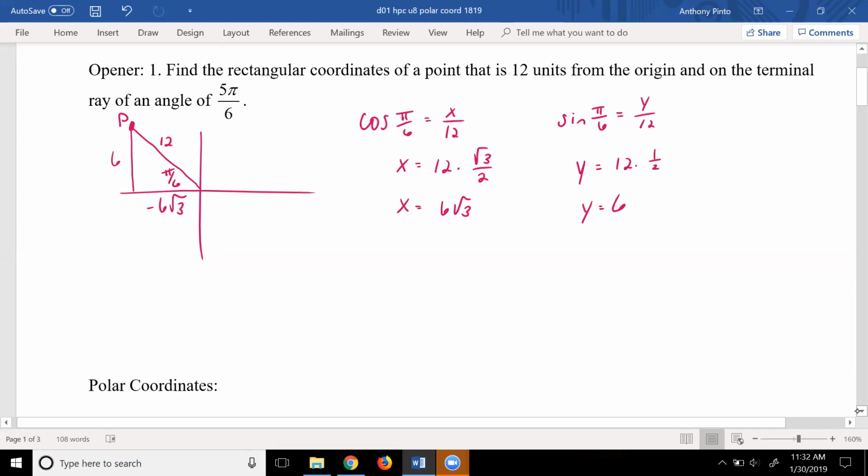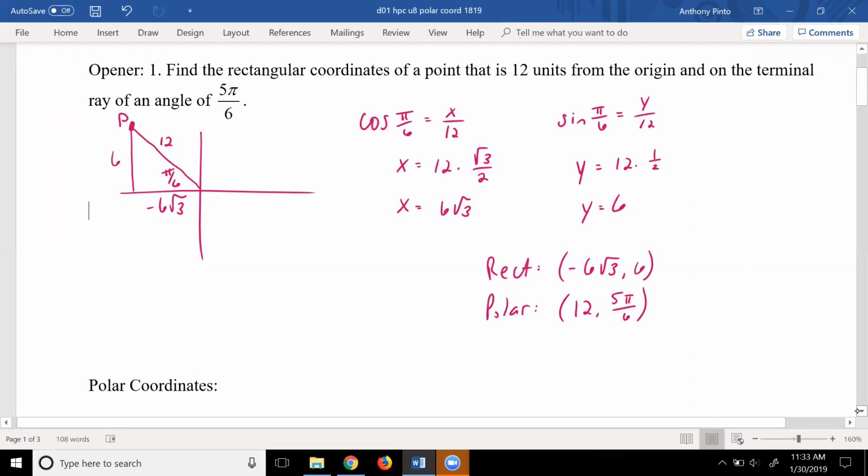And we found our rectangular coordinates. Rectangular, our point is negative 6 root 3, comma 6. If this were polar, this point would be 12, comma 5 pi over 6.